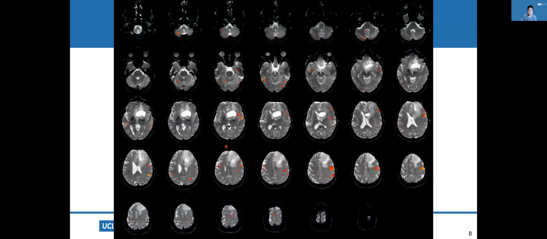This is an example of a functional MRI where we ask them to perform certain language tasks. In doing so, you can see different orange areas that light up during this task, and you can see how the tumor is situated in relation to these orange areas. By doing this, we can have a better sense of where these areas are and avoid them during our surgical resection.